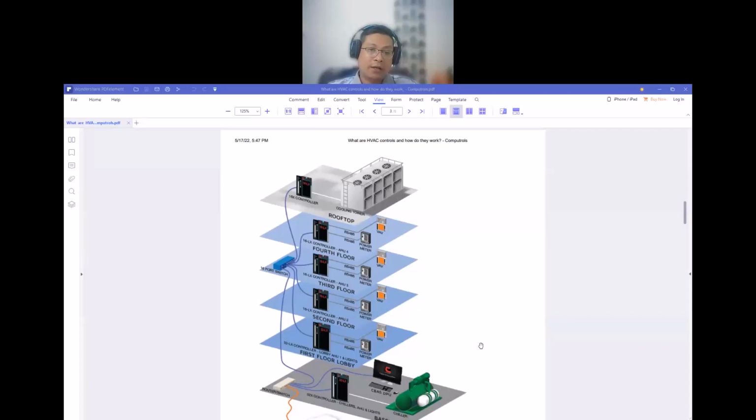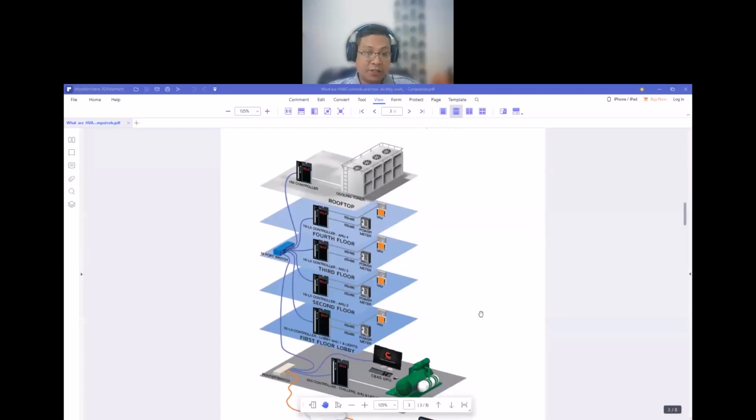If every level has a controller, we can decide every level is a zone. Maybe the first zone is for a server, and the second one depends on the building design.